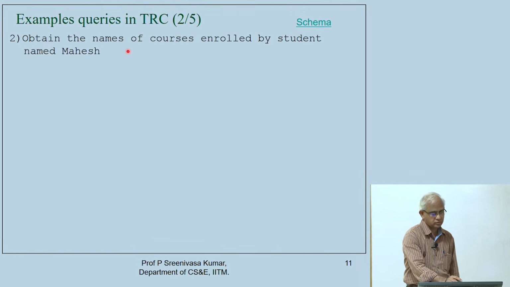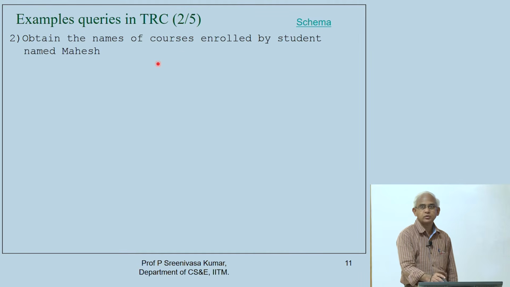Courses we probably do not. Now names of courses, so you need a course tuple variable, and then enrollment, obviously you need a tuple variable to be used for enrollment relation. What about the name of Mahesh? So you need 3 variables.